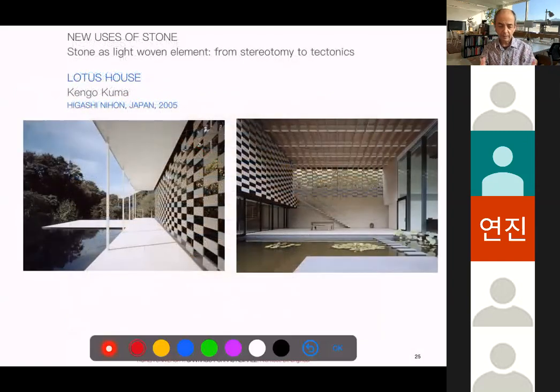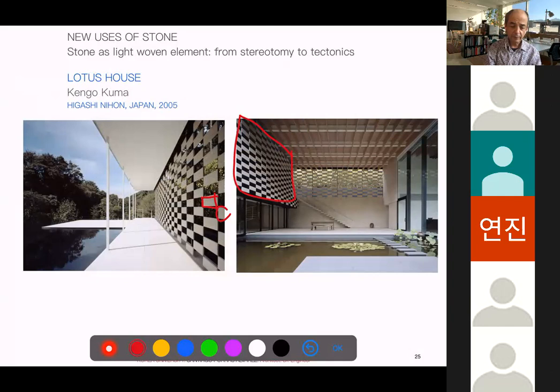Another example, just very thin stone elements hung with a wire mesh, a wire net, to make stone not just the skin applied as we see usually in buildings, but as a really light, almost like a textile.